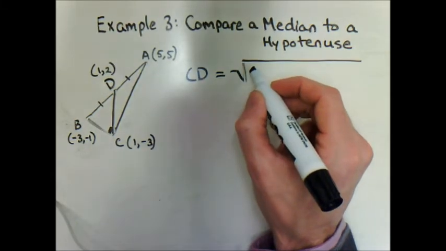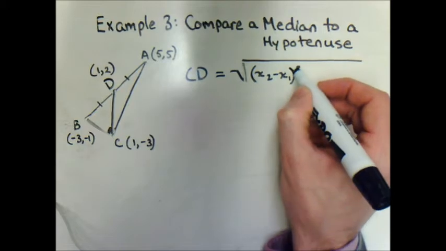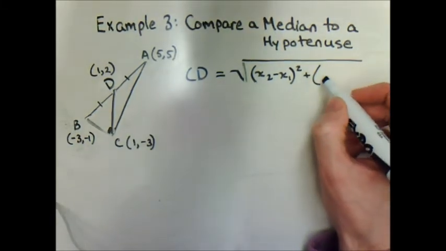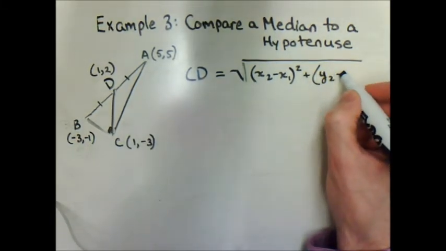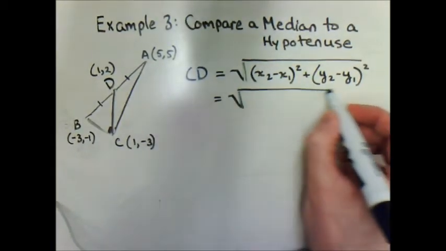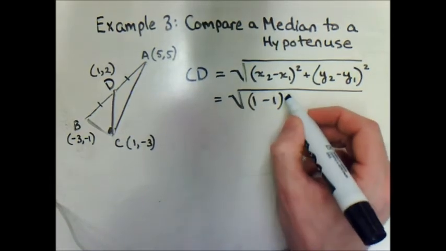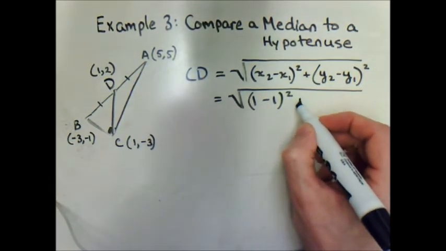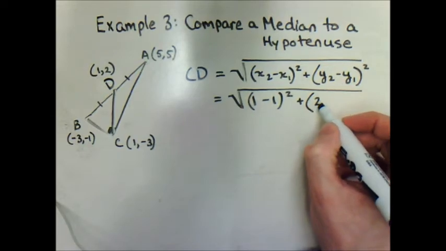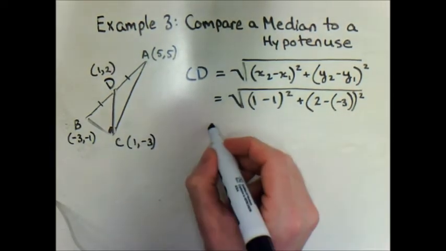We have the change in our run, that's x2 minus x1 squared, plus the change in our rise, that's y2 minus y1 squared. Sub in the values that we know: 1 minus 1 squared plus 2 minus negative 3 squared.